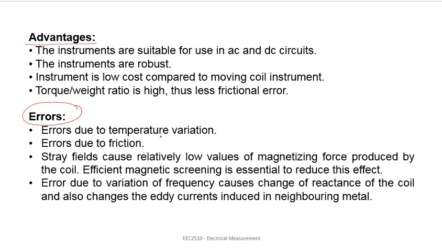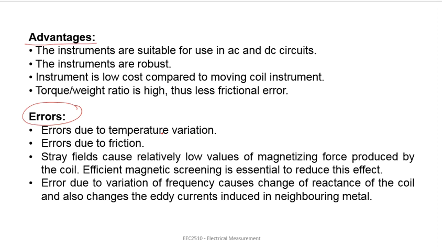Whereas there are also some errors which are present in these types of instruments, like the error due to the temperature variation first of all. The effect of the temperature changes on the moving iron type instrument. They arise chiefly from the temperature coefficient of a spring. Whereas in the moving iron type voltmeter the errors are caused by the self heating of the coil and the series resistance.